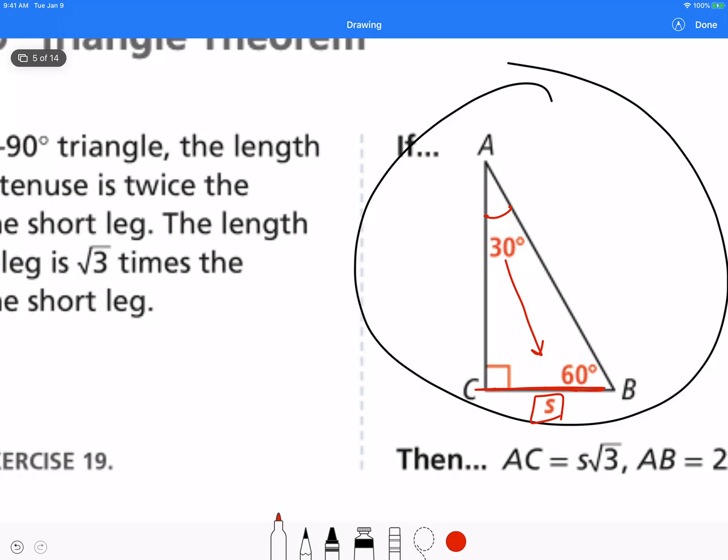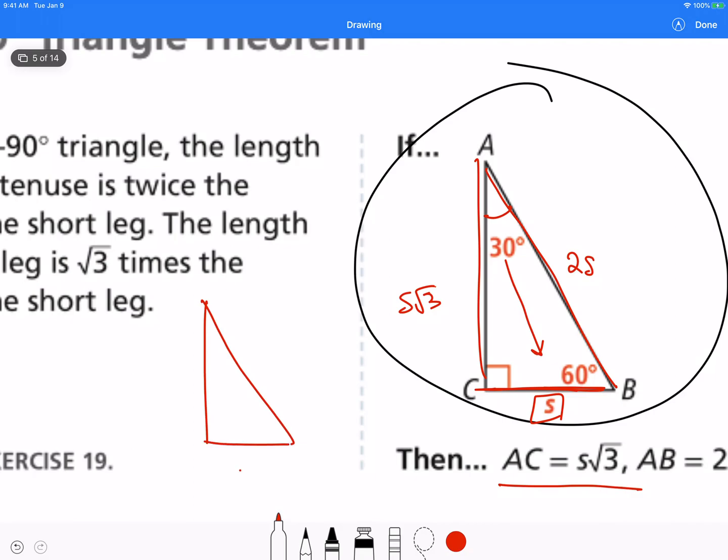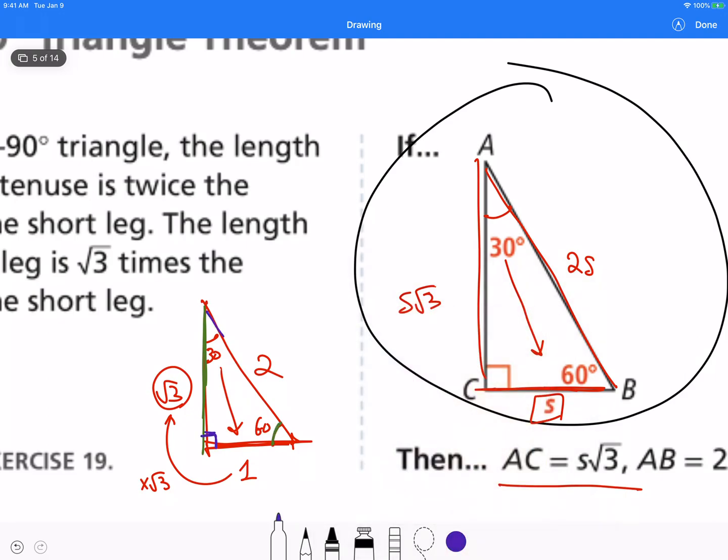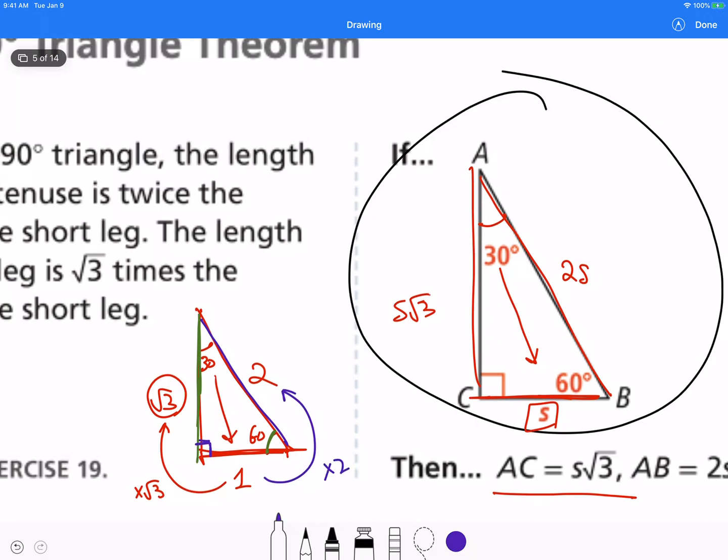That's S. Well, we know then AC is S root 3, and AB is simply double the S. Just like the one we did before, 1, root 3, and 2, whatever the smallest side is, the side opposite from the 30 degree angle, we simply multiply that by root 3 to get the 60 degree side. If I were to color code it, that would be the 60 degree side. And the 90 degree side will be simply double whatever the smallest side was.